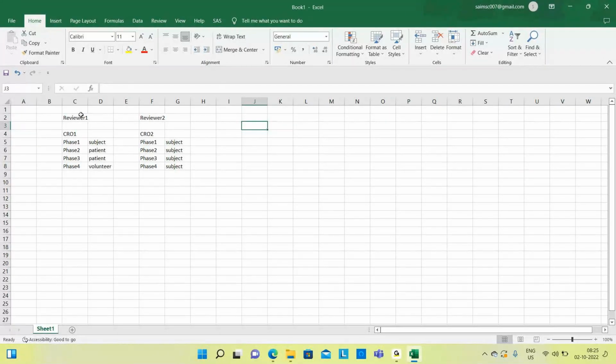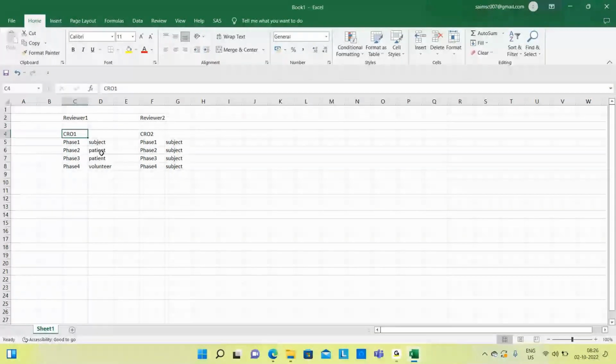Fine. So their manager asked reviewer 2, reviewer 1 is on leave, so try to take this work. Reviewer 1 has checked phase 1 and phase 2 data.